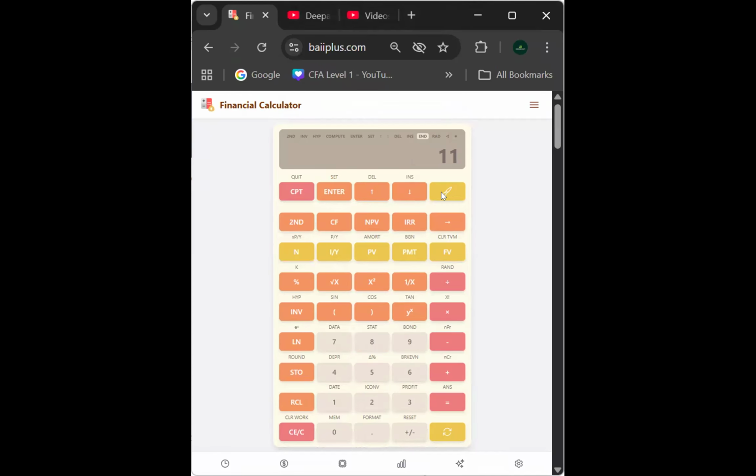1.15 multiplied by 1.067 is equal to 1.23.